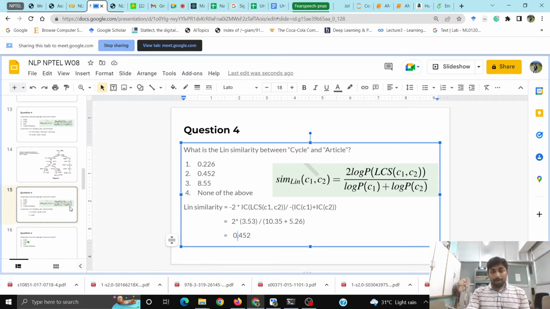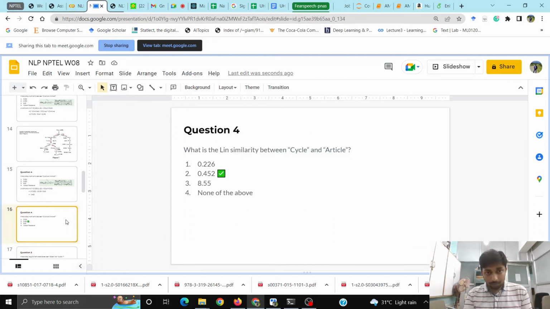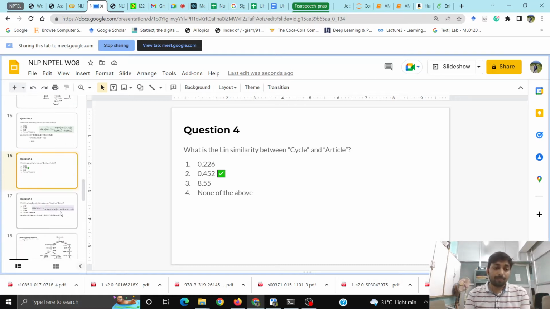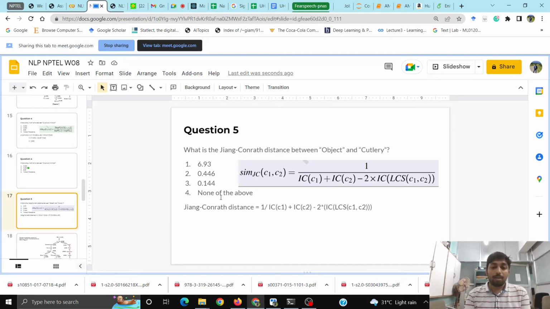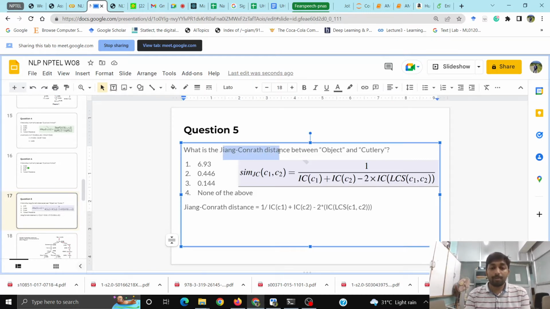So whenever you are facing these questions, you have to know two things. One is what is the graph, and what is the formula for that particular similarity calculation. Now we are interested in measuring the Jiang-Conrath distance between object and cutlery, and the formula I have given here.